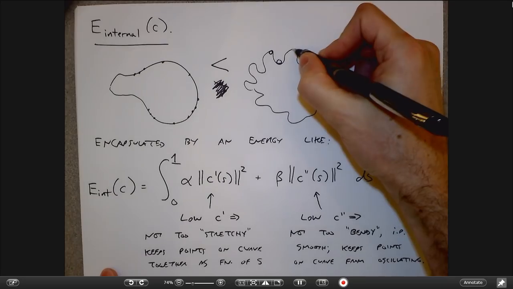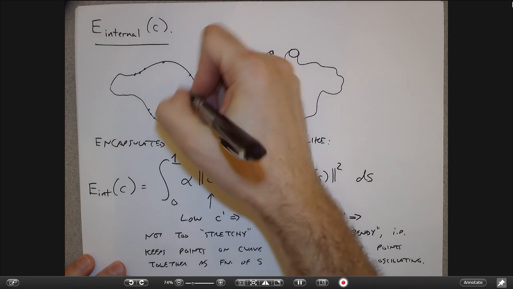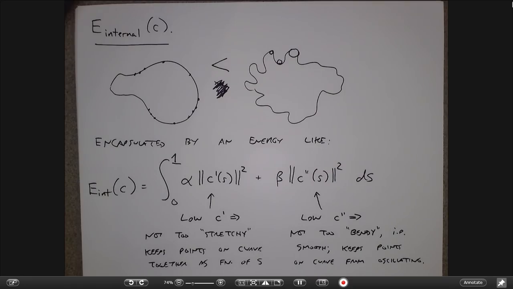In a curve like this, as I roll this little circle around the curve, it's changing radius to match the nooks and crannies of my shape, right? Whereas here, I have very little change as I roll this circle around the interior of the curve because there aren't a lot of little inlets and islands for this curve to negotiate, right?